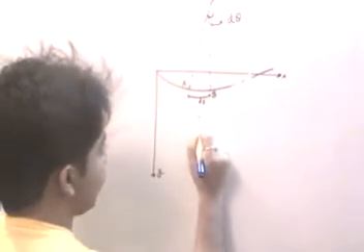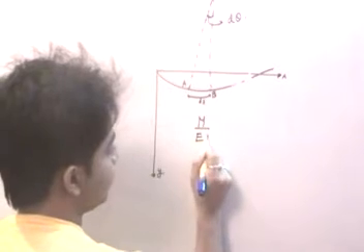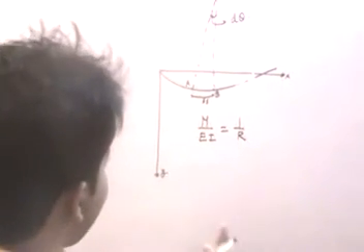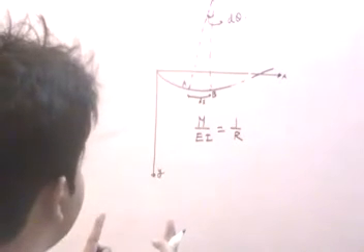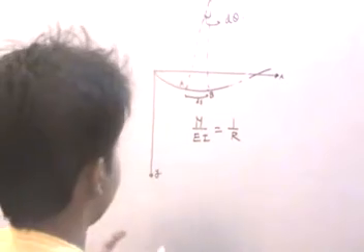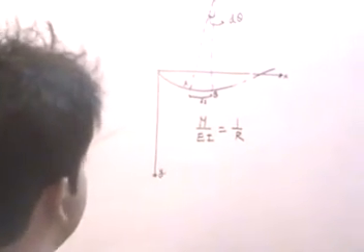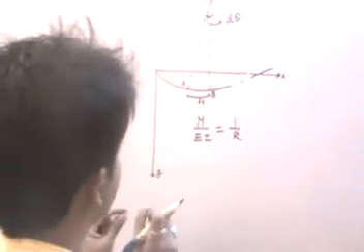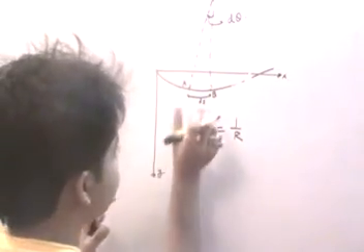Now we know that M by EI is equal to 1 by R. As A and B are 2 points whose distance is only ds, an infinitesimally small distance, we can assume that the bending moment is not changing much in this length.